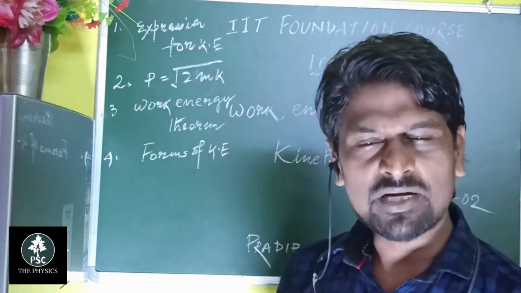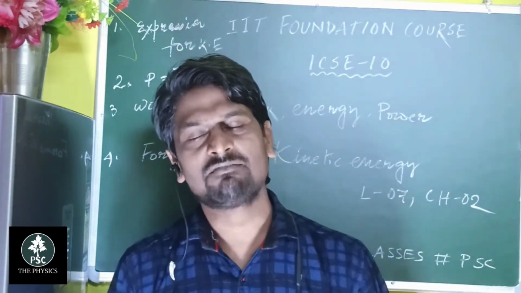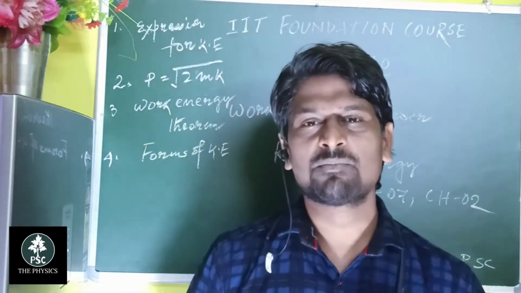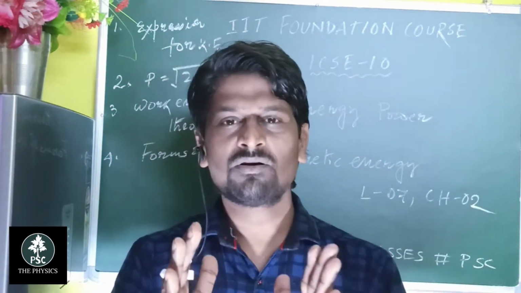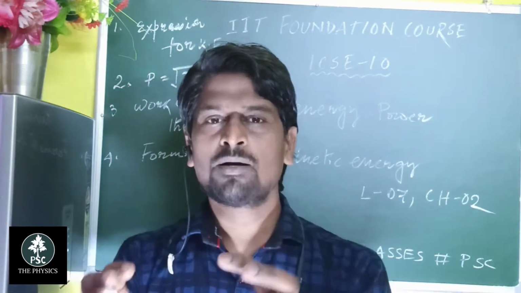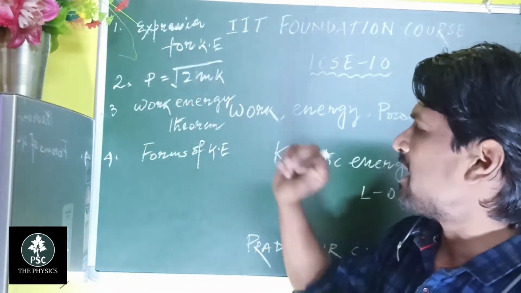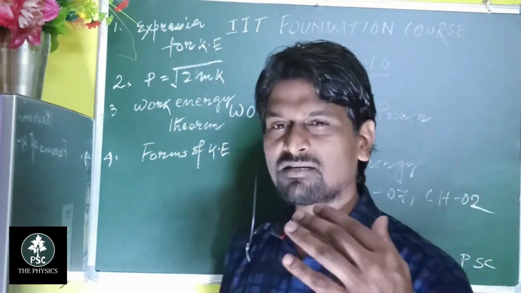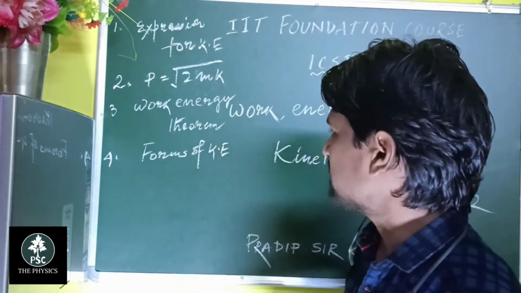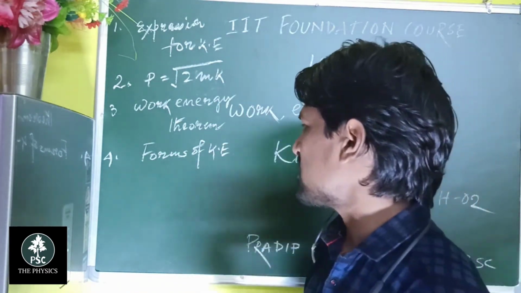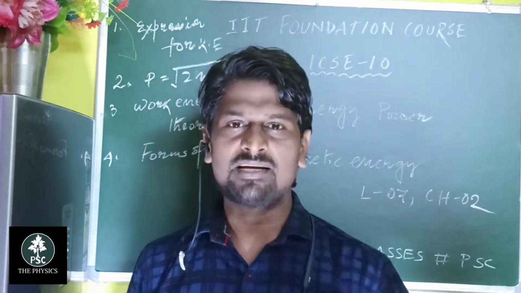What is momentum? There is mass and velocity. Obviously, what do we have to take? Momentum means the product of mass and velocity. So what is the relationship between momentum and kinetic energy? And the third one is the work energy theorem, and obviously the last one is the forms of kinetic energy.